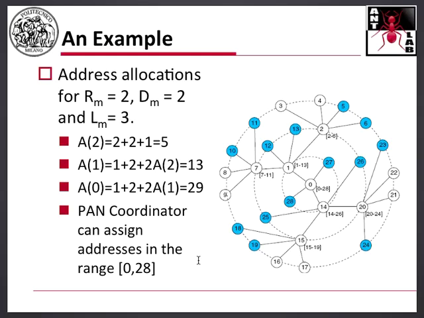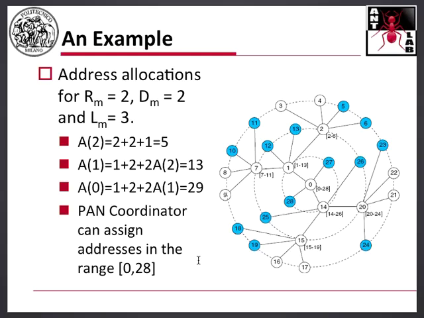And the assignment process is the following. The first address, excluding 0, is assigned to one of the 2 ZigBee routers, which are children of 0, like this guy here.